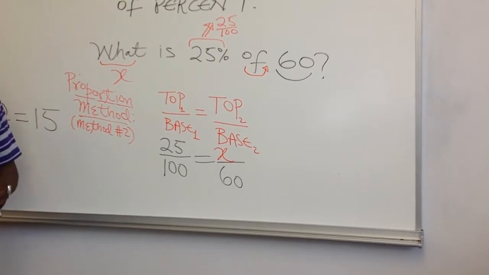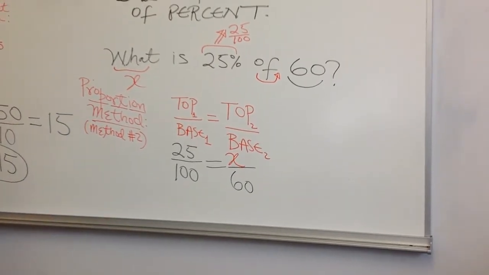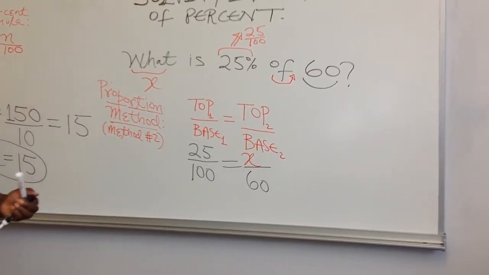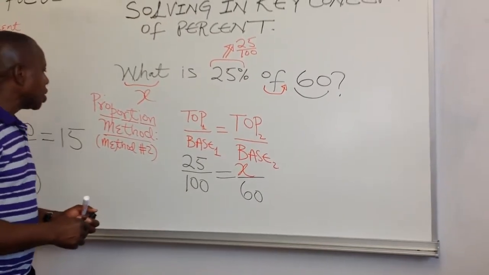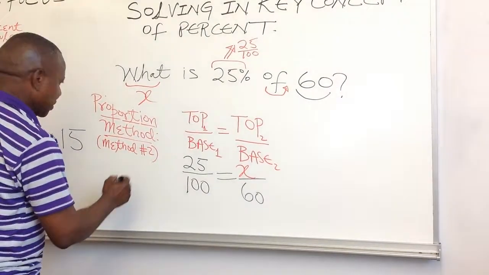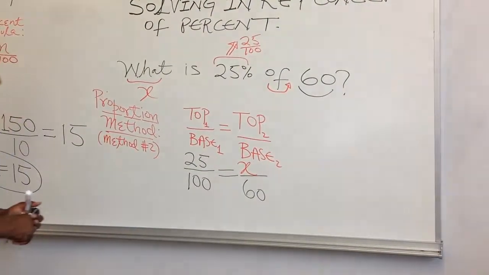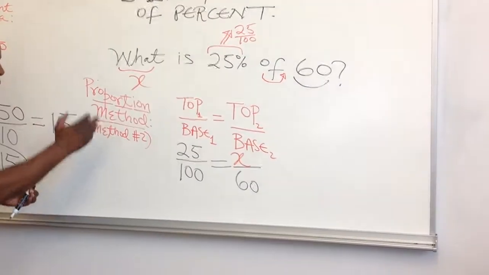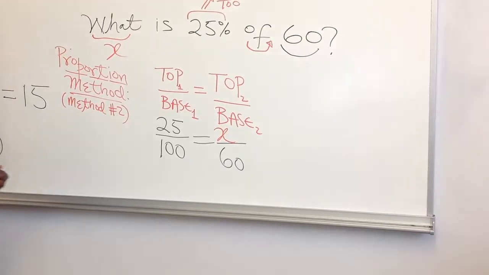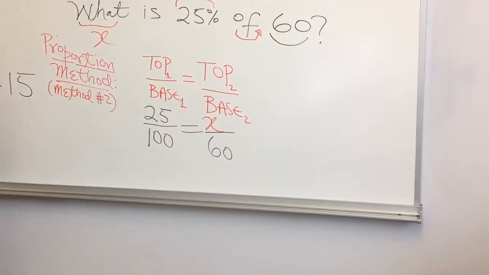So what will be our next step in this strategic problem-solving process? Our next step is to use a method. What will be that method? It is known as the method of cross multiplication.